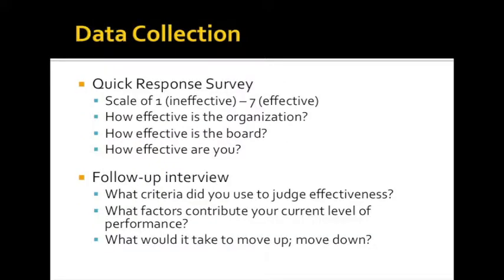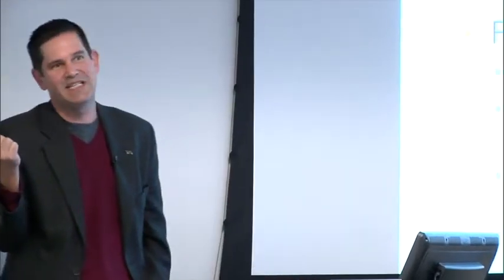We did two things. We sent out an email or a letter to those individuals and asked them a couple of very simple questions, a quick response survey. How effective is your organization on a scale of 1 to 7? As you can imagine, most people thought their organizations were quite successful, so we came in at 5s and 6s and 7s.